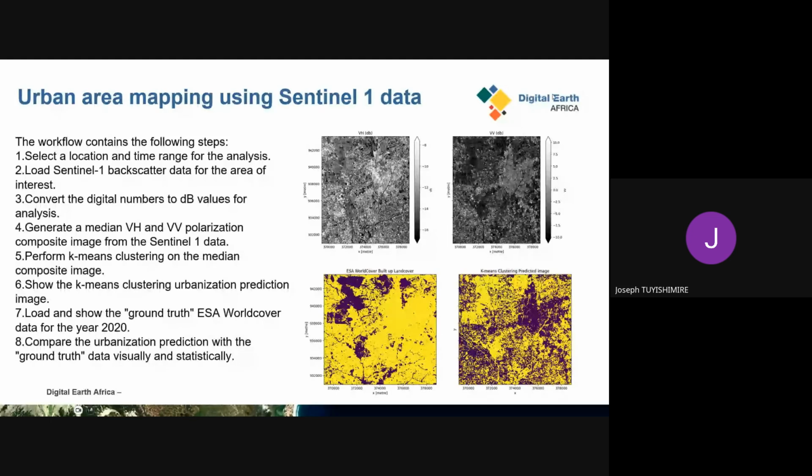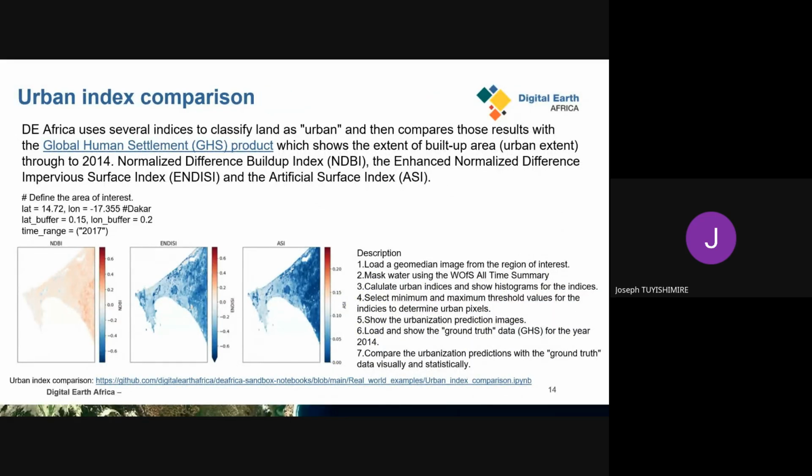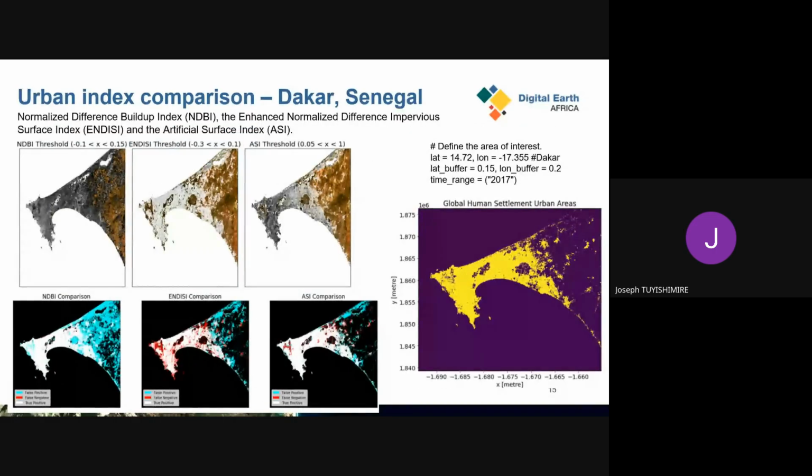And you can try to understand. This is the ESA land cover, and this is the classification from Level sets, and it's a good way to show the land cover. But we can also compare different indices to understand how each index would match the classification of urban areas, and decide which index is appropriate for any given area.